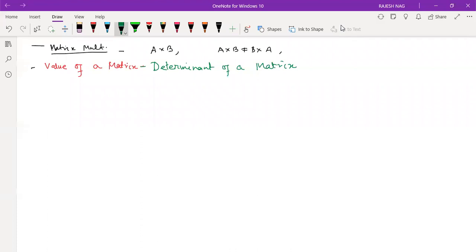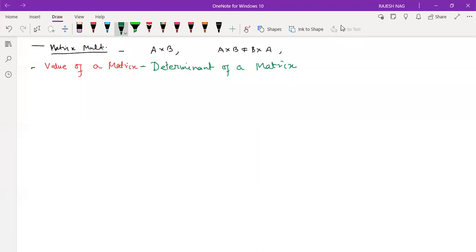What is the value? From that matrix we get some real number, like 10, or -5, and so on. Just from that matrix configuration we calculate a real value, and that real value is called the value of the matrix, or the scalar value of the matrix, or the determinant, the result of the matrix determinant.